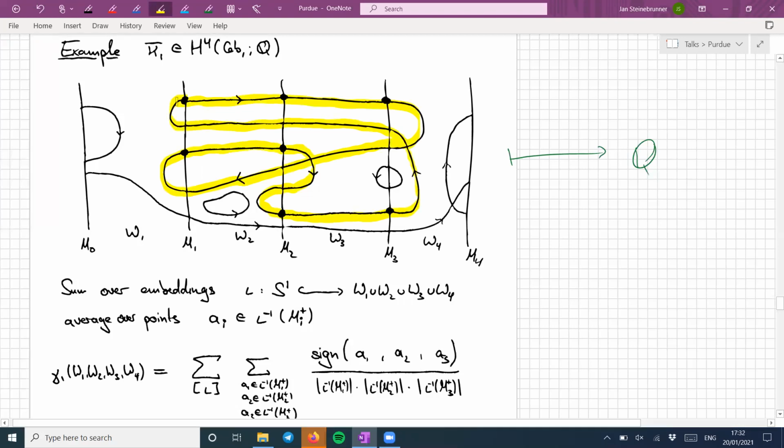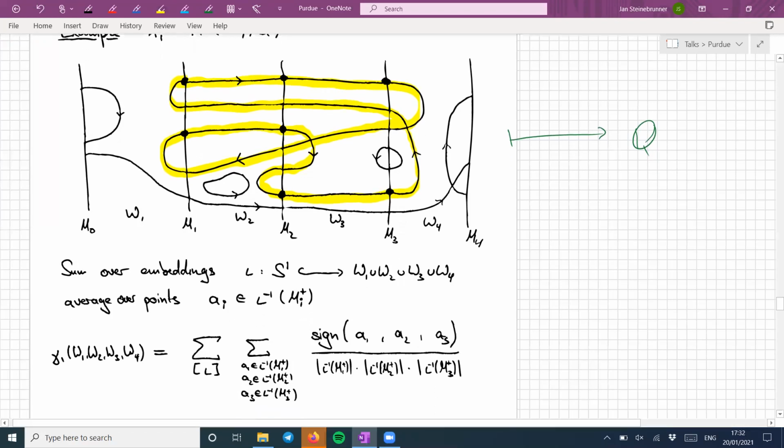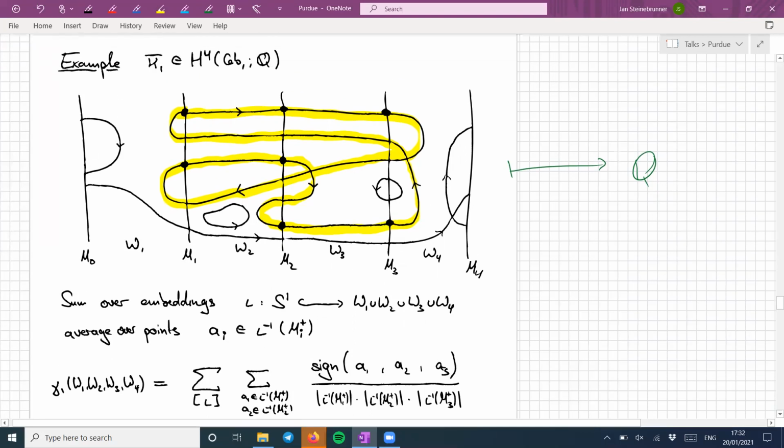And then it somehow does some averaging procedure with cyclic orderings that I can say more about if you like. But there's some super combinatorial formula that you can just write down, and it somehow sees this kappa class. And yeah, maybe I'll stop here.